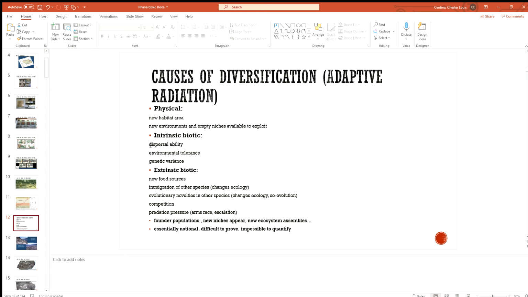Intrinsic: they disperse quickly or slowly, environmental tolerance, genes that are different, genetic variants. Extrinsic biotic: new food sources, immigration of other species, evolution, competition, predators. Just try to know what they are.